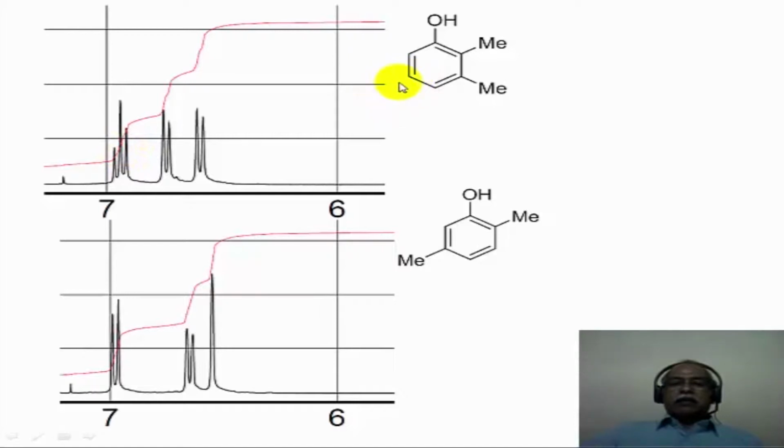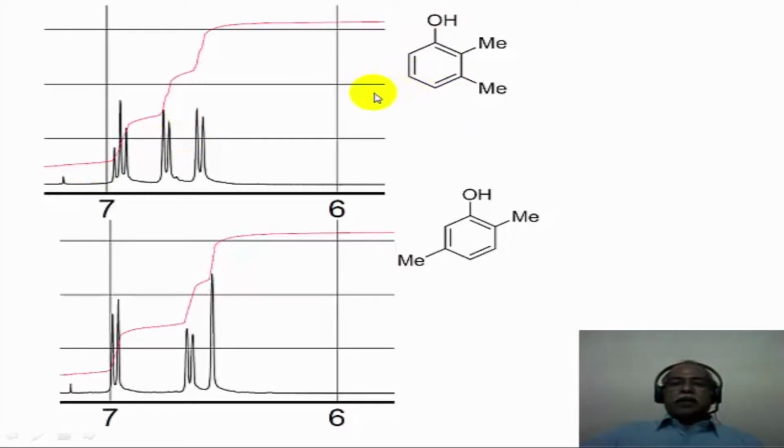So this hydrogen essentially is split by the two ortho hydrogens into a triplet that is seen here, and this hydrogen, which is para, for example, will come at a higher delta value compared to the hydrogen ortho to the hydroxy functional group. So this is the most shielded hydrogen, which is coming as a doublet, and this is the next shielded hydrogen, which is para to the hydroxy functional group, that also comes as a doublet.